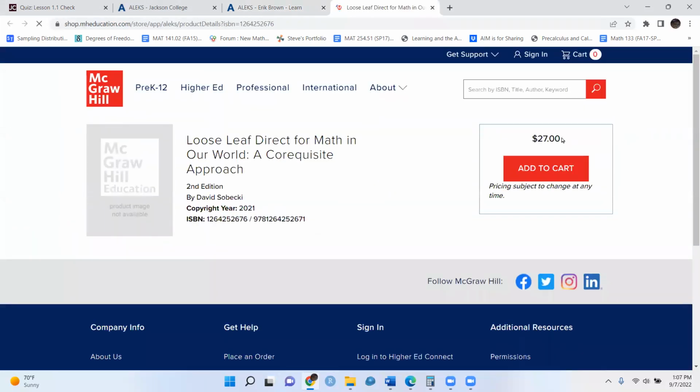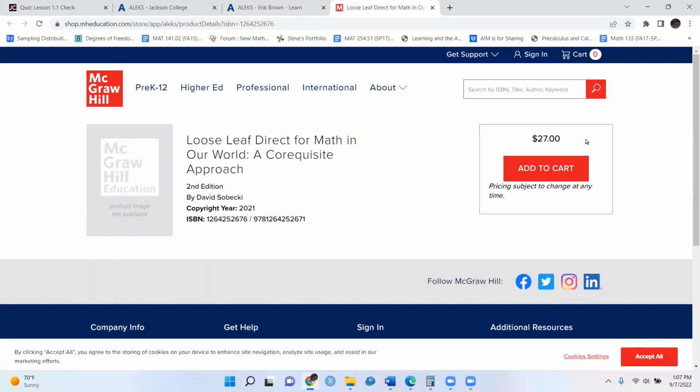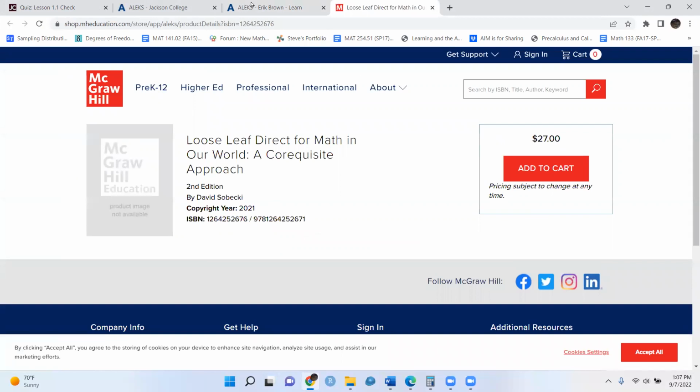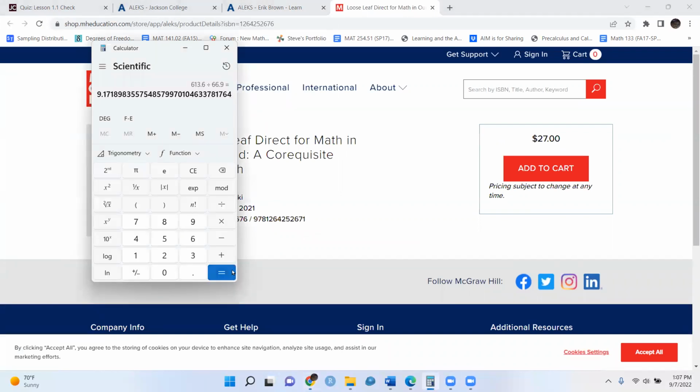Turns out McGraw-Hill will sell you a loose leaf version of this for $27. It's $36 at the bookstore. They do have a little bit of a markup. They said 20%. Is that really what that markup is? That's a little bit higher. That's okay.